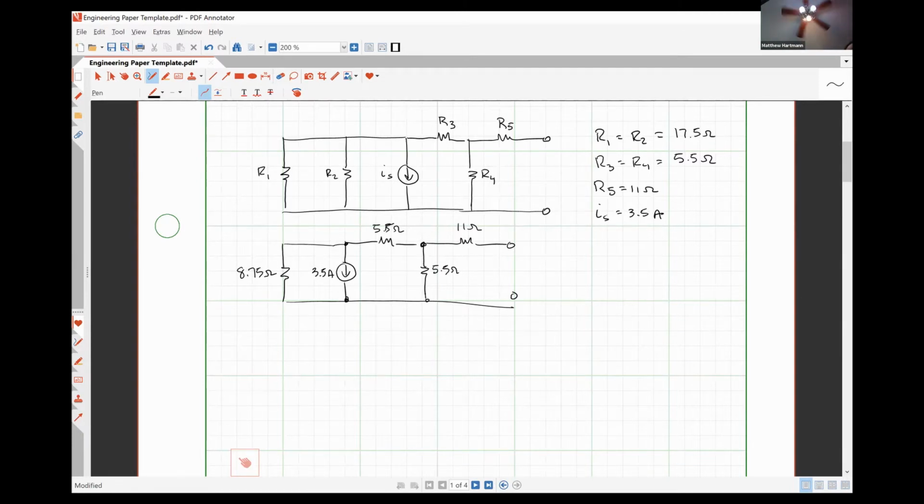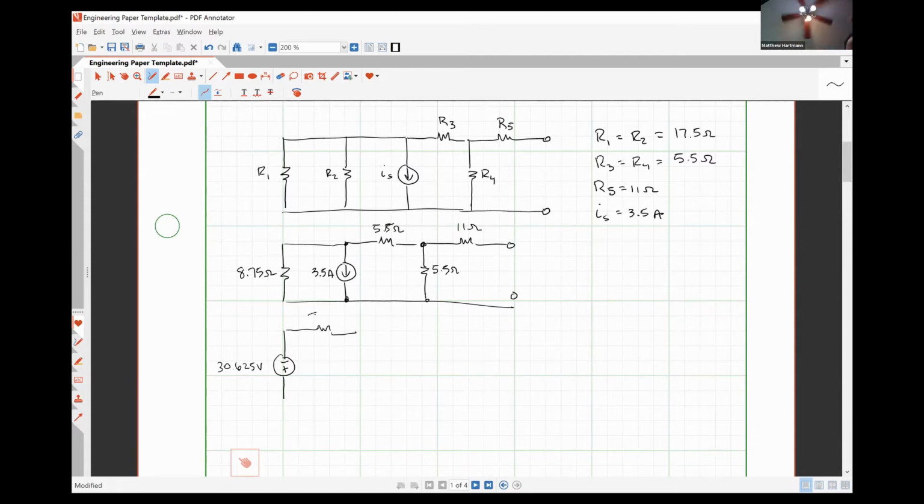So I'm going to have a voltage direction, positive polarity on bottom because my current arrow is directed down. 8.75 times 3.5. Gosh, I don't think I can do that in my head. Can somebody with a calculator help me out real quick? 30.625. All right.